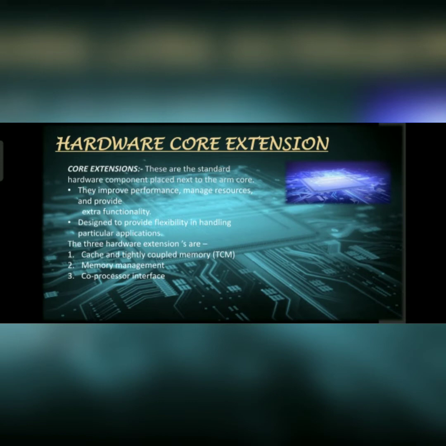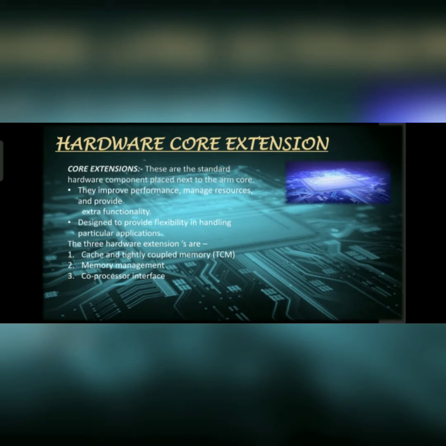The extended core is meant to improve performance, manage the resources and provide extra functionality to do a work or task. So the basic aim is to extend the functionality of the existing core or processor.